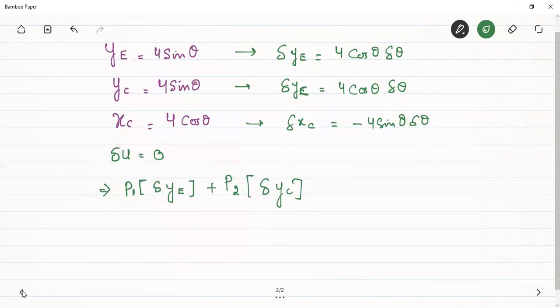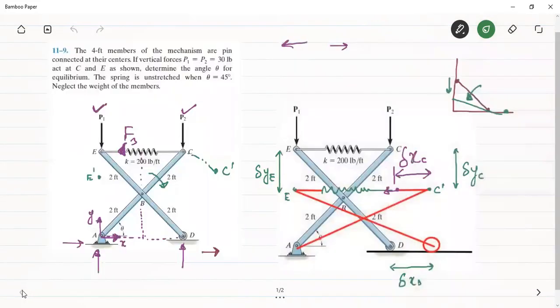Now, what about the spring force? You can see that the displacement of the spring is in the positive x direction, isn't it? It is extending in the positive x direction, while the restoring force will be acting in the negative direction. Therefore, this work done will be negative.